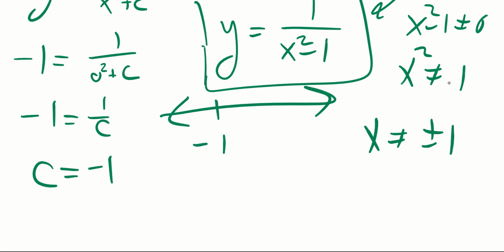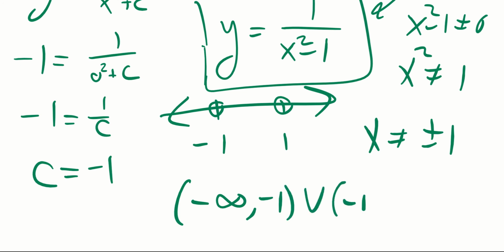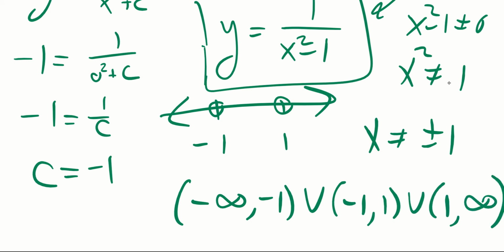So on a number line, we can't use negative 1, we can't use positive 1, but any other values of x would work. So as a function, the domain of definition would be as follows. You have negative infinity to negative 1, union negative 1 to 1, union 1 to infinity.